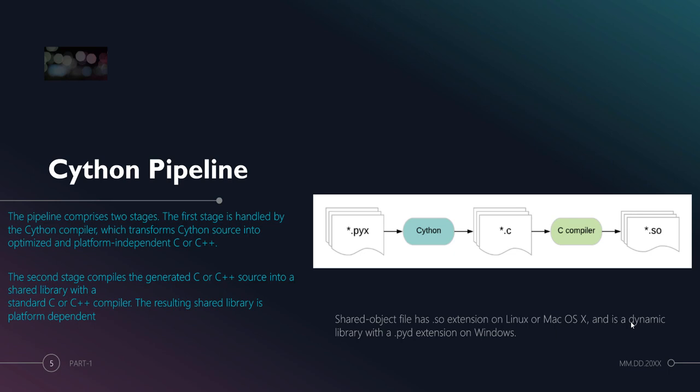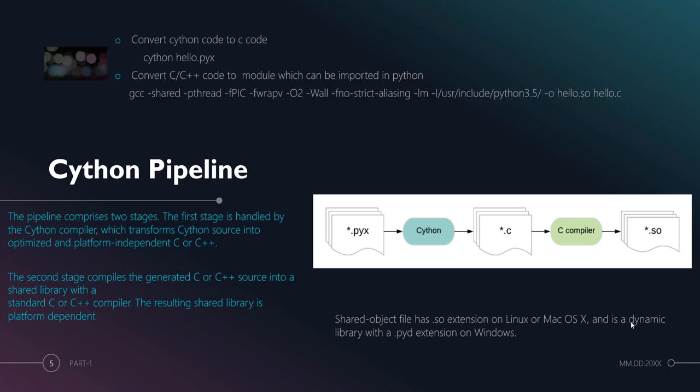Then in the second stage, the C or C++ source code is converted into a shared library using a C or C++ compiler. However, this shared library is platform dependent. The shared library has a .so extension on Linux or Mac OS X, and on Windows, these have a .pyd extension.